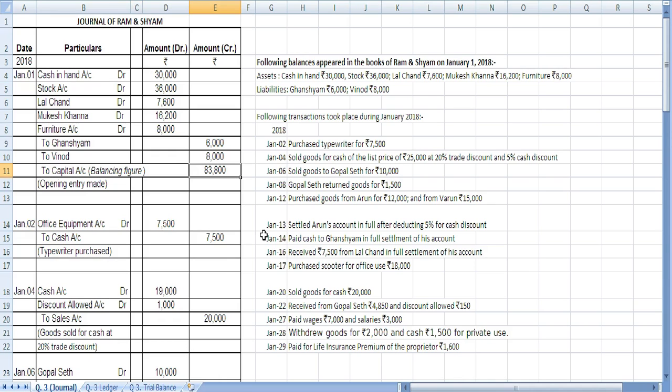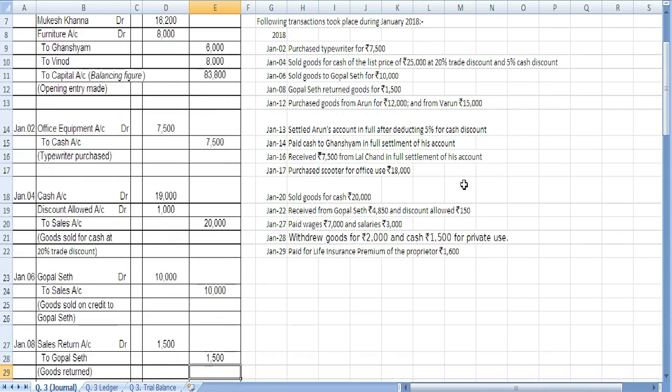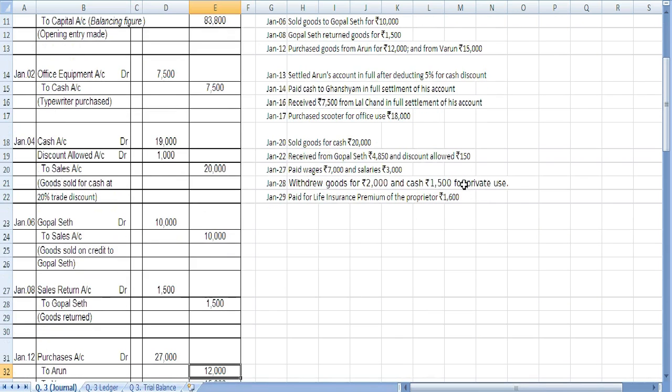The next we have is 6th of January. January 6, sold goods to Gopal Seth for 10,000.